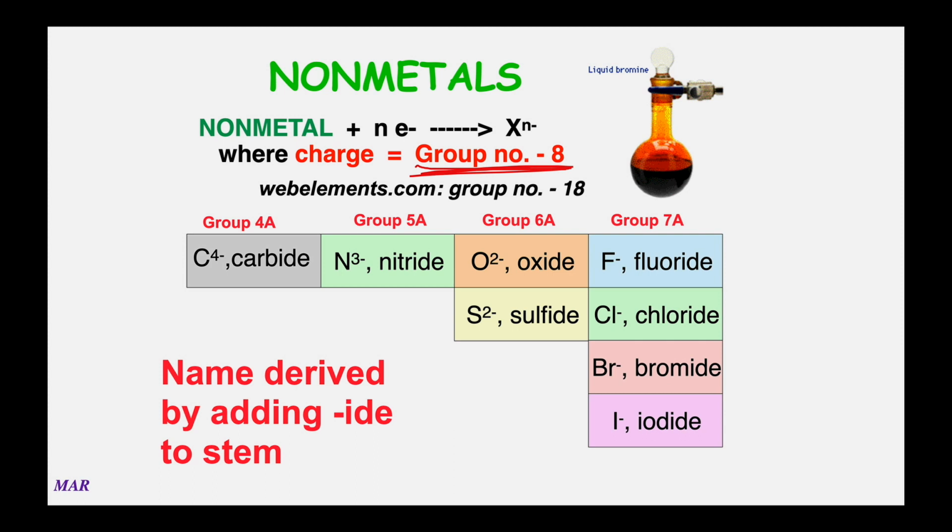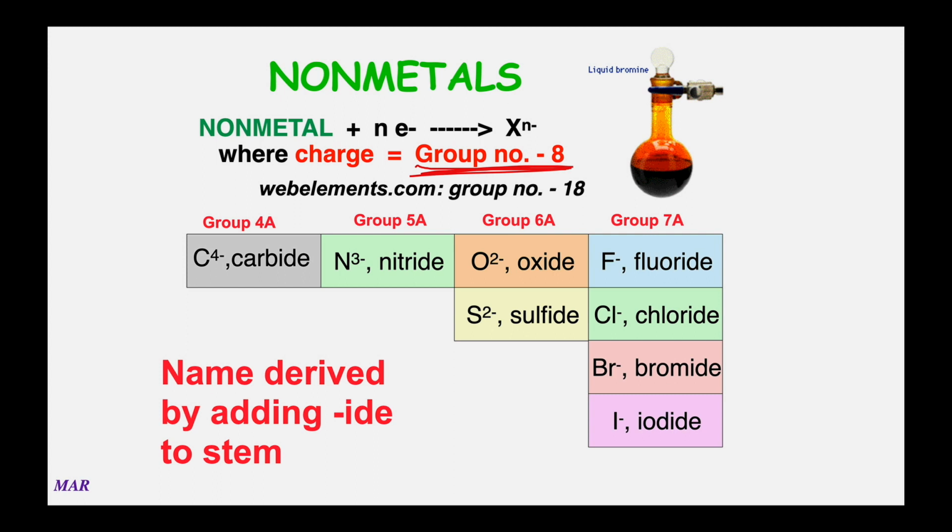This is using the A version of the periodic table. So fluorine is in group 7, oxygen's in group 6, etc. To figure out the charge, fluorine is in group 7, 7 minus 8 means that F-1 is the common ion, the anion that you see from fluorine when it gains electrons.